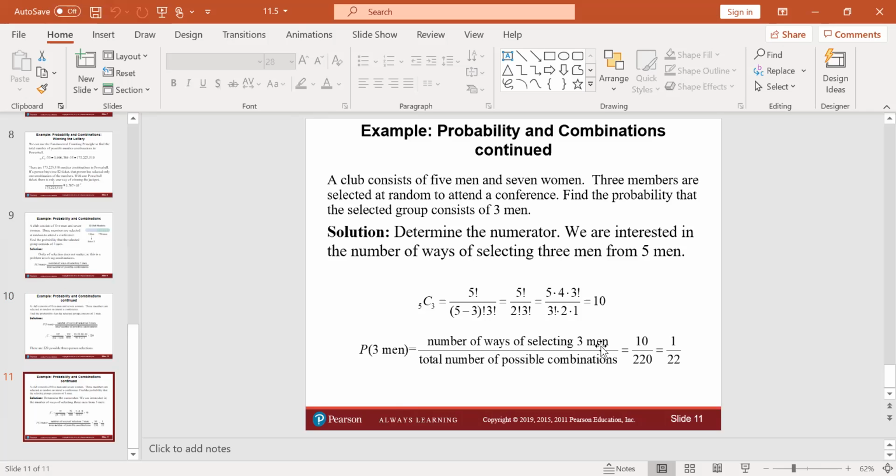Thus, in total, there's a 10 in 220, which reduces to 1/22 chance that we will choose 3 men at random. We're far more likely to get at least 1 woman in there, especially because there's more women in this group. So it's very unlikely that if we're choosing at random, we're going to choose all 3 men. But it's a possibility.